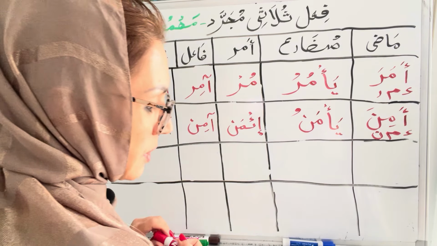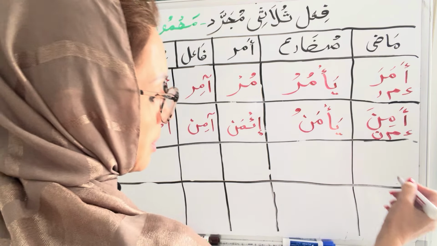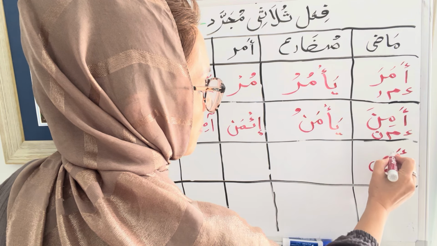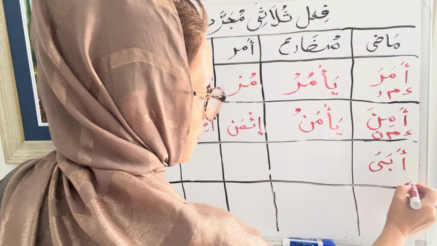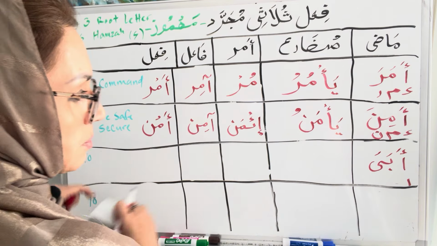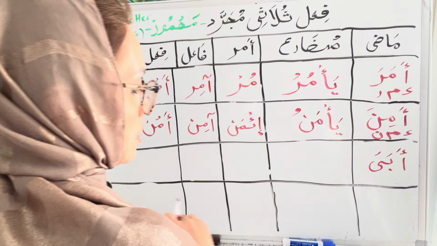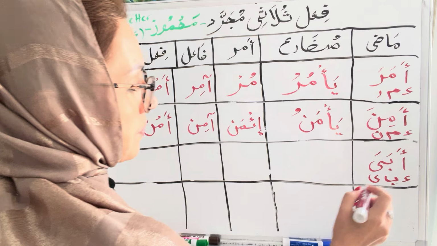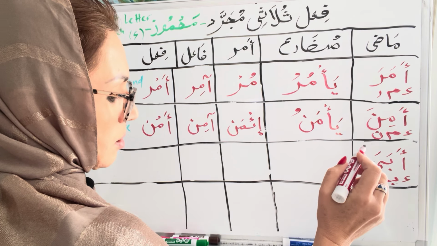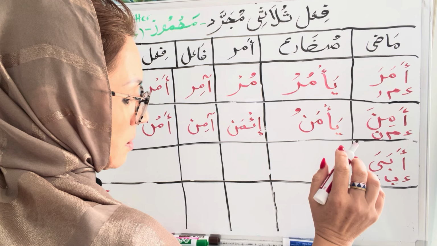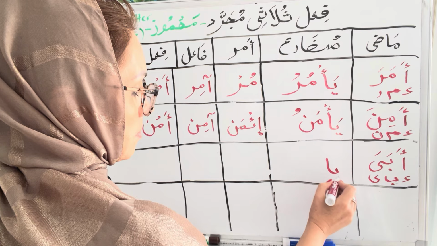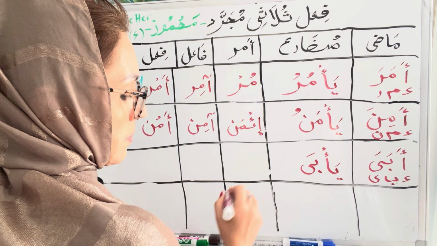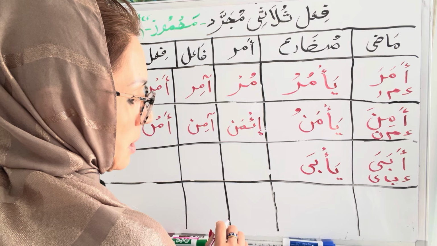Okay, the next one we have is aba. This is aba. So root is, sorry, didn't mean to write alif here. And then it's hamza, ba, and ya. Aba, ya, ba, ba.